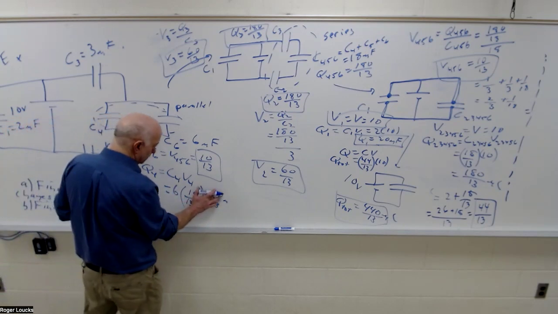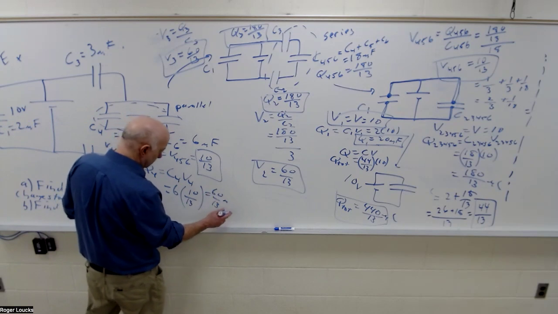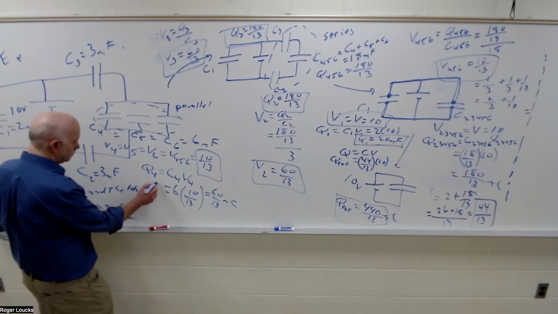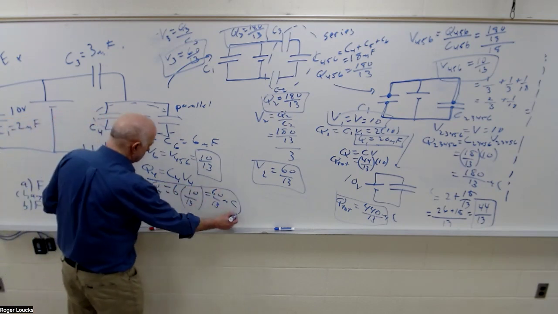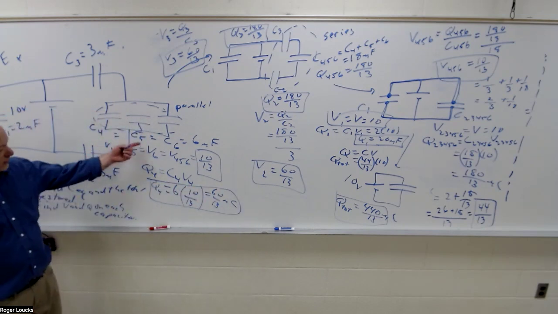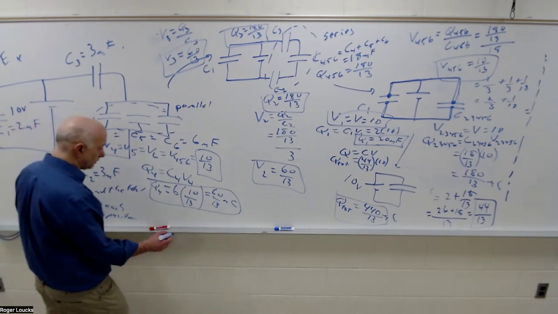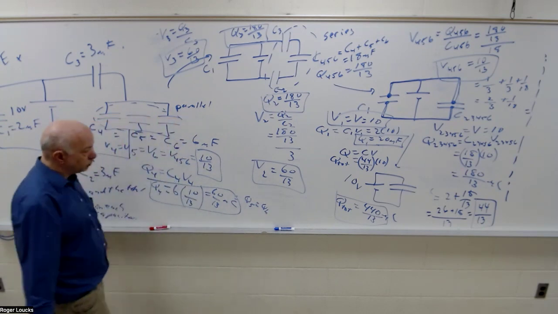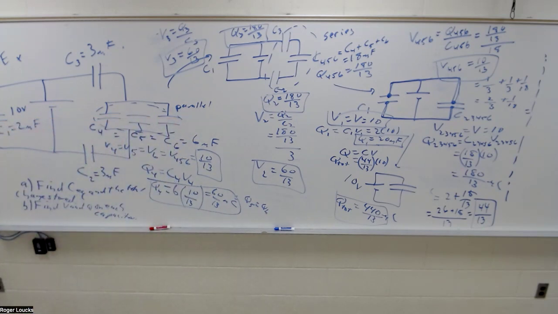So this will be 60 over 13 microcoulombs. Since all the other capacitors are the same, it's going to be the same thing for all of these. So you track those down? Again, they're not hard, but you need those intermediate figures. If you don't have the intermediate figures, good luck with that. Questions with that?